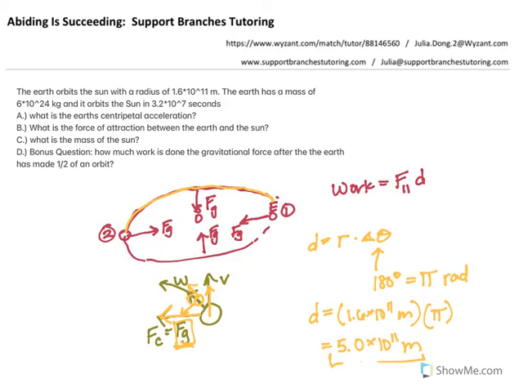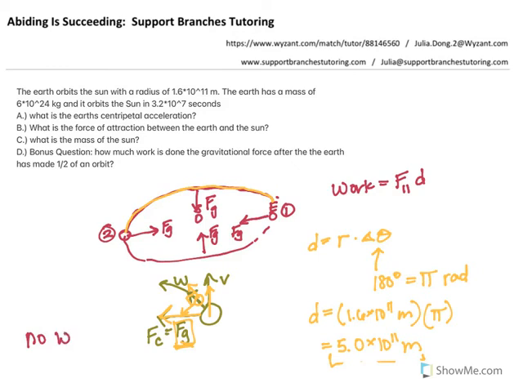So they're always going to be 90 degrees. And anytime the force and the displacement are 90 degrees, you have a cosine of 90 degrees, which is 0, then your work is 0. So even though the Earth had a displacement, d, that we calculated as 5 times 10 to 11, since that displacement is 90 degrees to this attractive force, we have no work done.